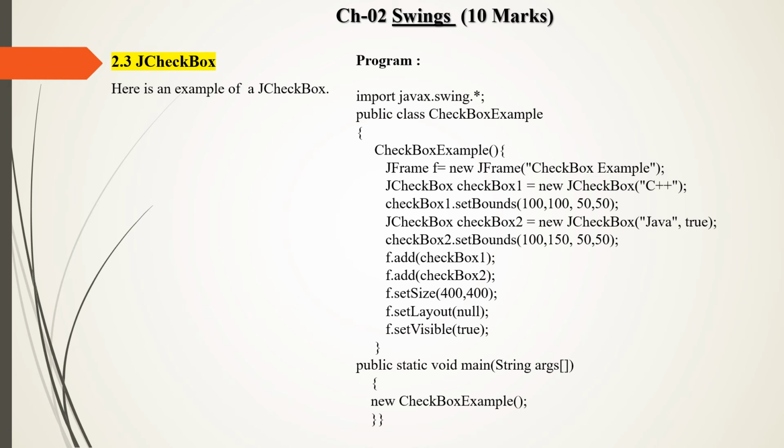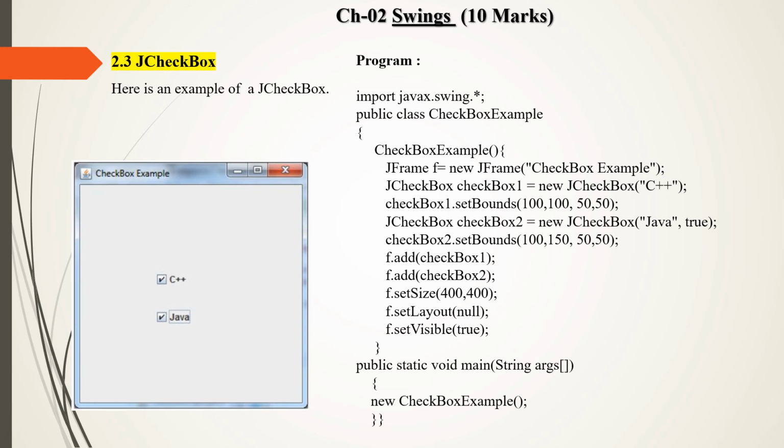So this is a simple program to create a checkbox, and the output of the program is displayed like this. One frame is created with two checkboxes. You can select a checkbox by clicking on the square box. So this is a simple example of JCheckBox.